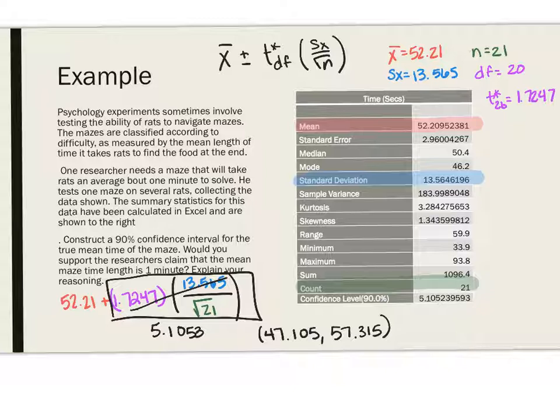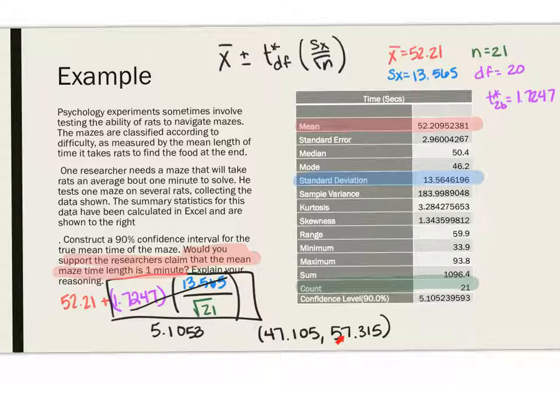Question is asking, would you support the researcher's claim that the mean maze time length is 1 minute? Yes or no? Well, based off this interval, let's look at it. The interval goes from 47 seconds to about 57 seconds. So do you support the researcher's claim that the mean maze time is about 1 minute or is 1 minute?